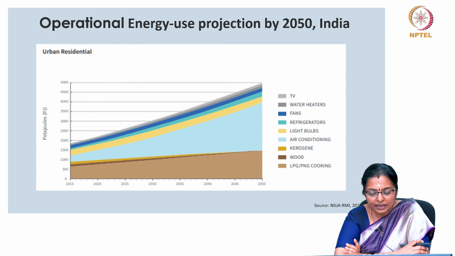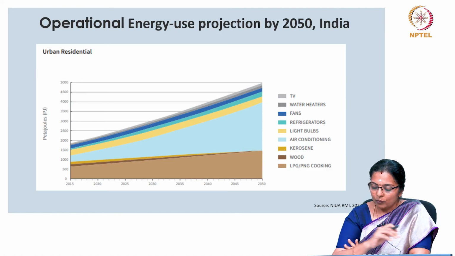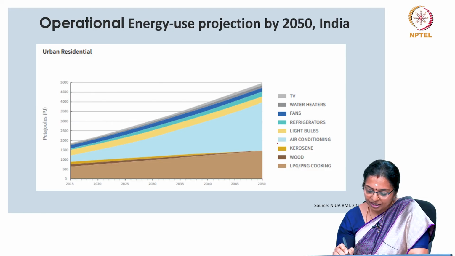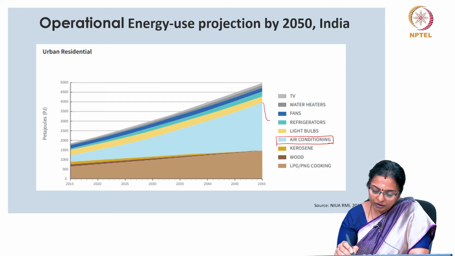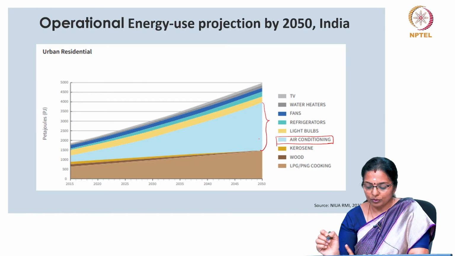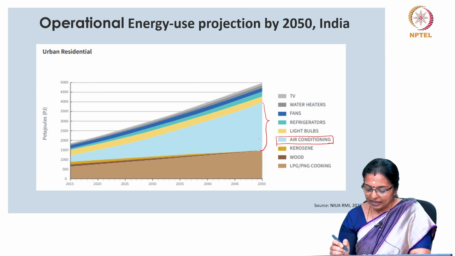Now, if you look at urban residents and their energy consumption pattern, or rather the contraptions which consume energy, we can see that air conditioning is one of the most contributing reasons to carbon emissions, and next to that comes LPG or PNG cooking.